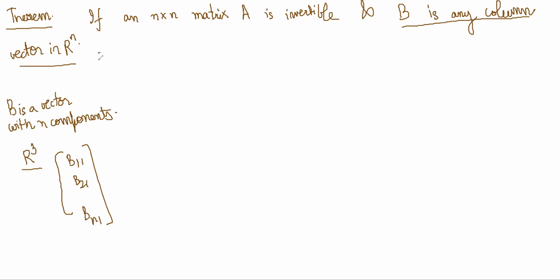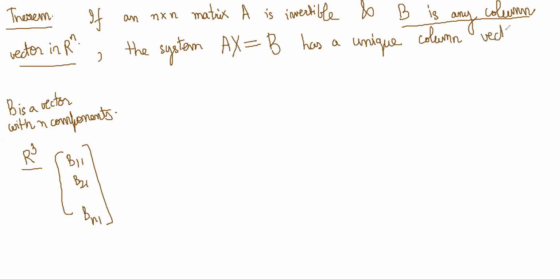Now the system AX is equal to B has a unique column vector X as its solution.